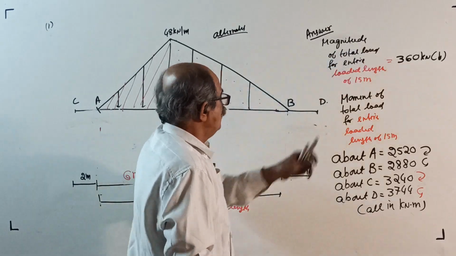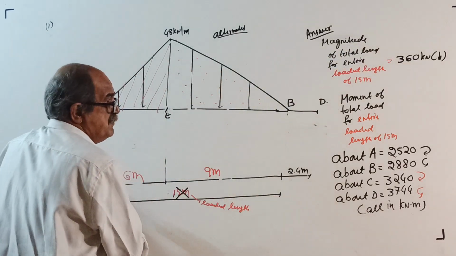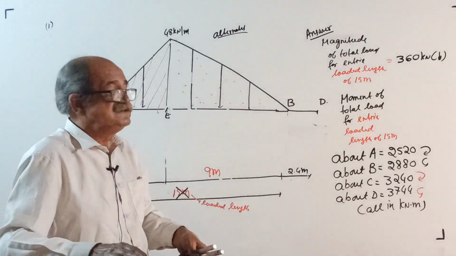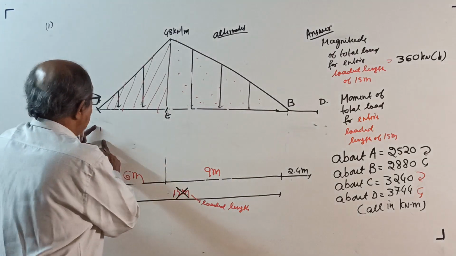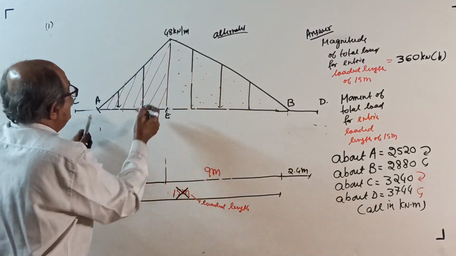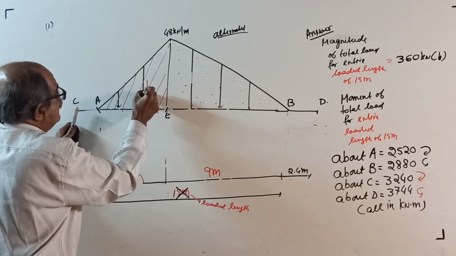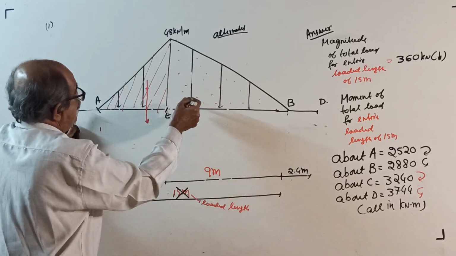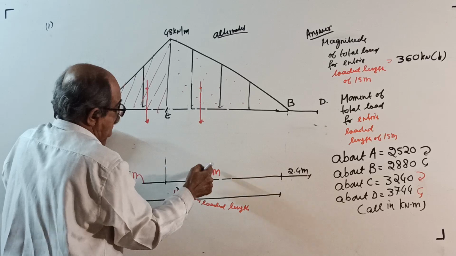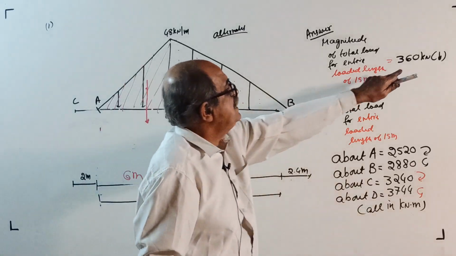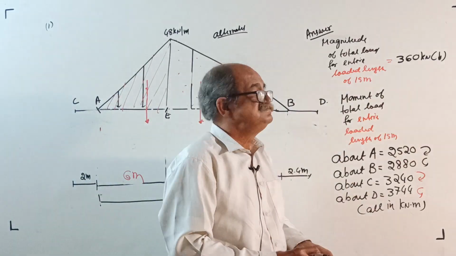The magnitude of the total load for the entire length of 15 meter is split into parts, once for 6 meter, once for 9 meter: half into 6 into 48, plus half into 9 into 48. It will come once again 360 kilonewton.